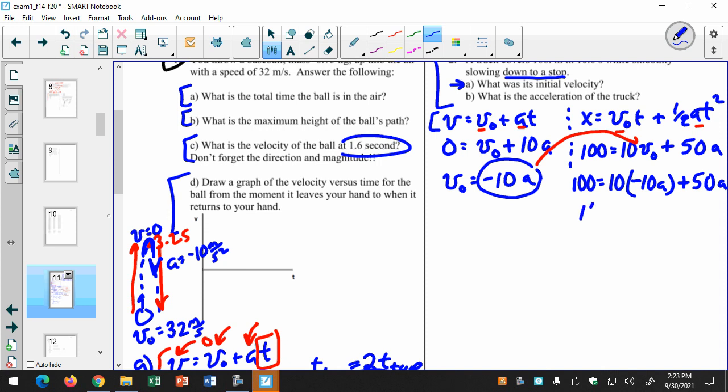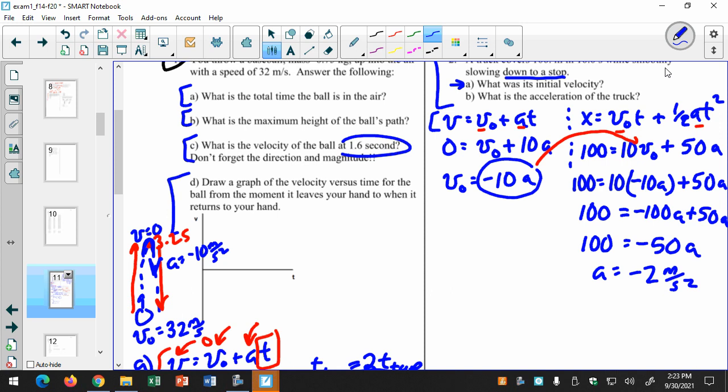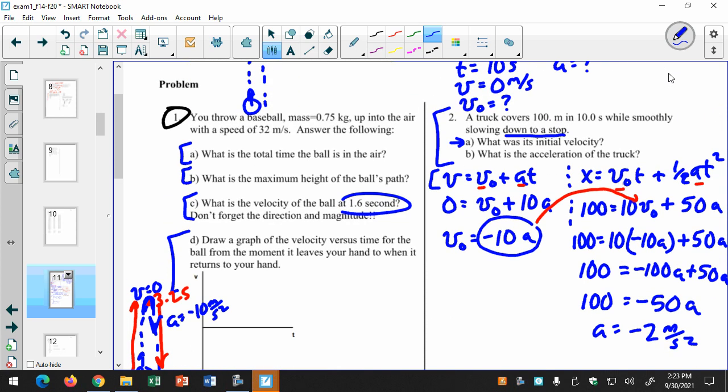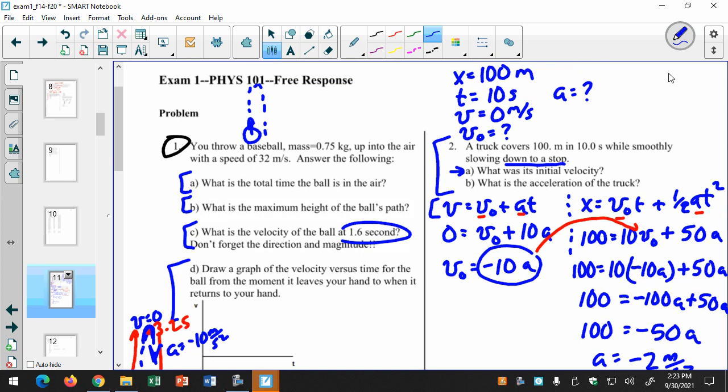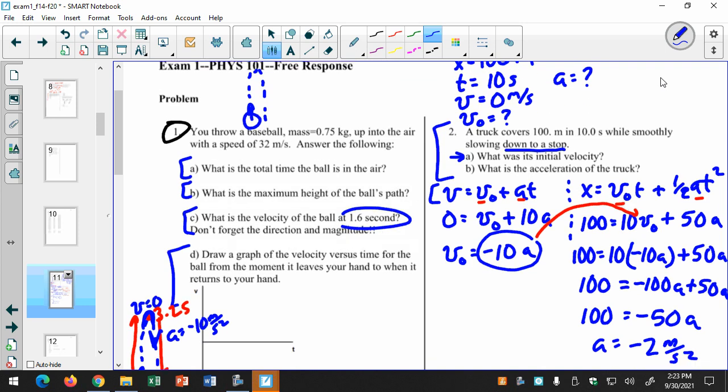All right, so this is 100 equals negative 100a plus 50a. I only have one variable here, so I can solve for it. 100 is equal to negative 50a, so a is equal to negative 2 meters per second squared. Now that makes sense because I have this truck that's traveling in a positive direction, and it's slowing down, so my acceleration should be negative.